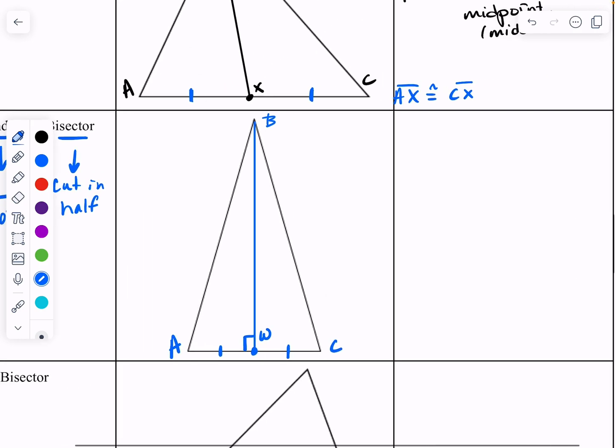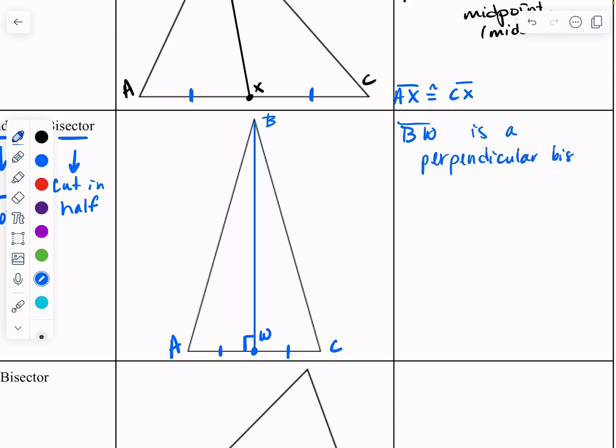So a perpendicular bisector, it might say something like BW is a perpendicular bisector of triangle ABC.